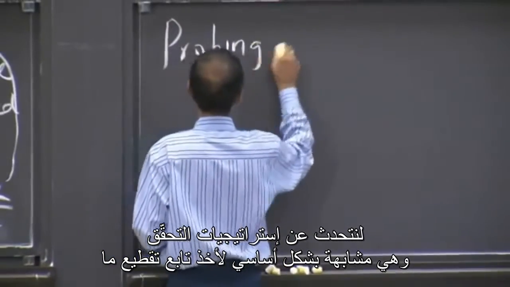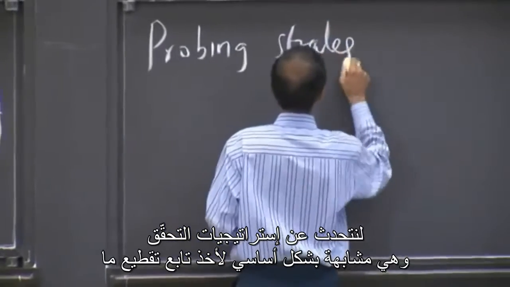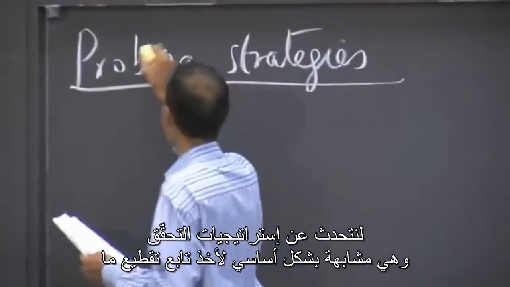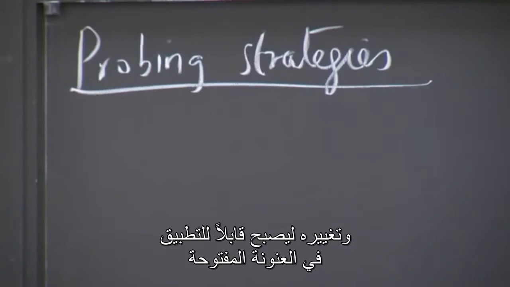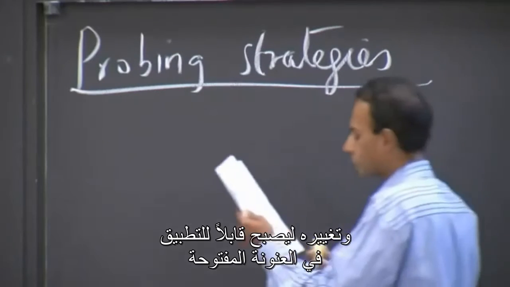So let's talk about probing strategies, which is essentially the same as taking a hash function and changing it so it is actually applicable to open addressing.